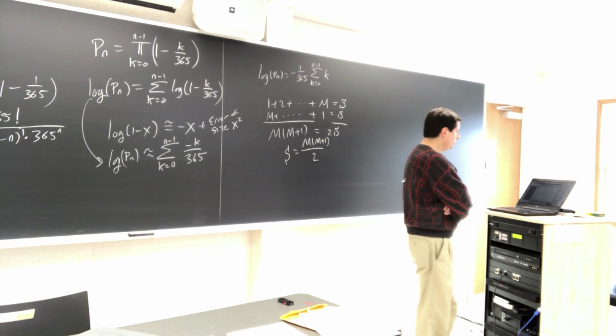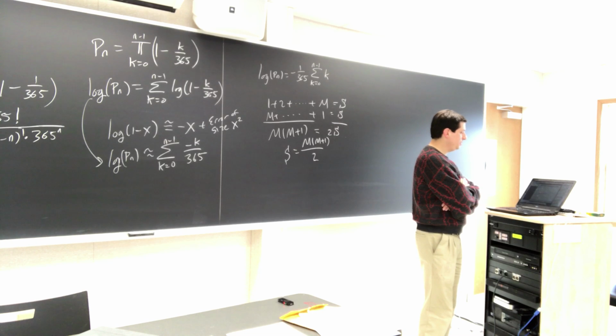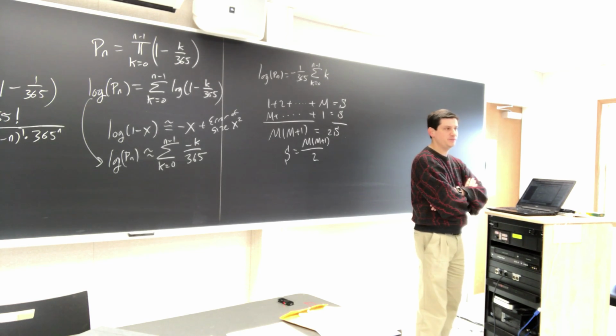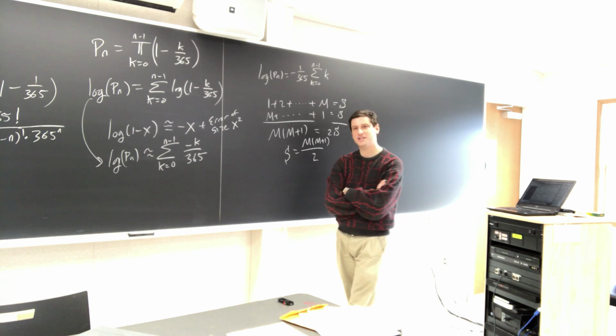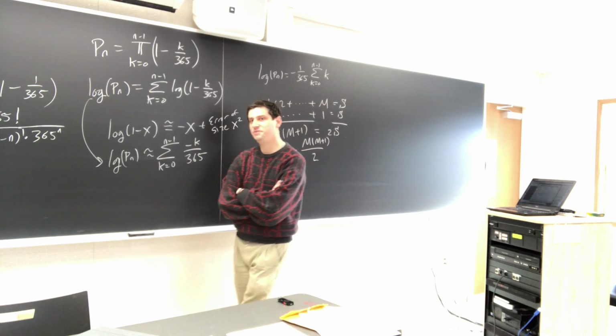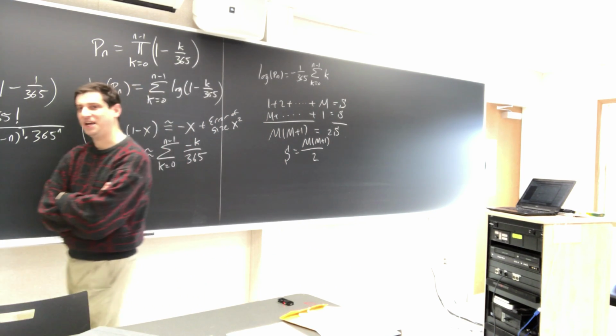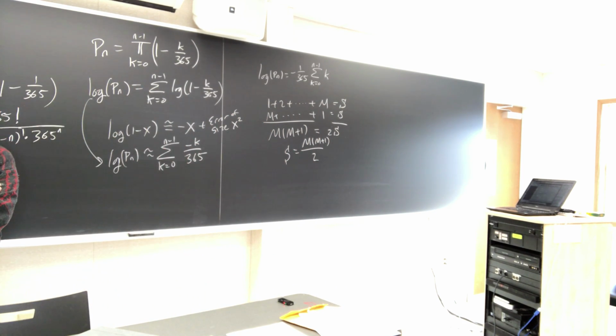The actual value, when there are 22 people in the room, you have a 52.4% chance that everybody has a distinct birthday. When there's 23 people, it's 49.27% that everybody has a distinct birthday. This approximation, cover your ears, Kim, does a damn good job. Okay? It's phenomenal how well this does.